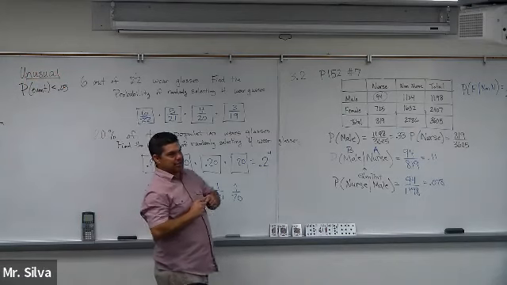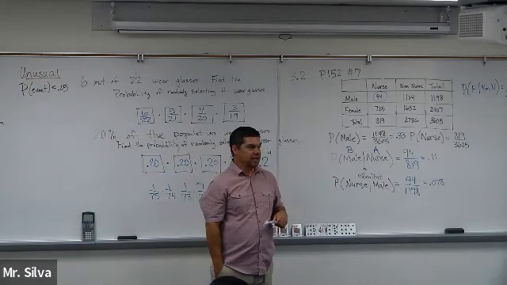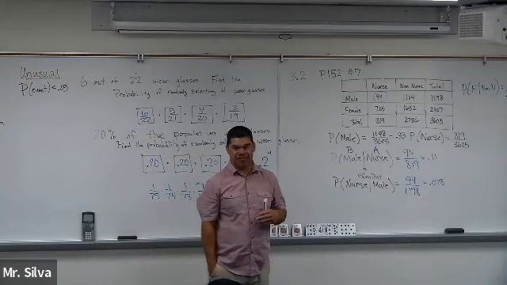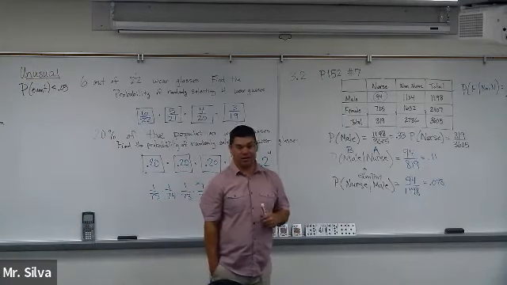If something happens 3% of the time, that's unusual. If something happens 1 out of a million times, that's unusual. If something happens 4.2% of the time, that's unusual. If something happens 20% of the time, not unusual.